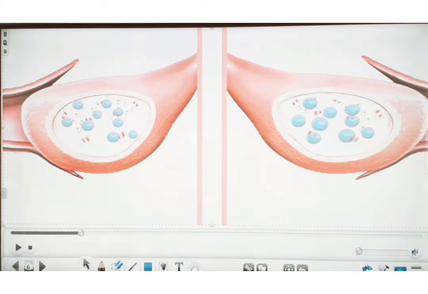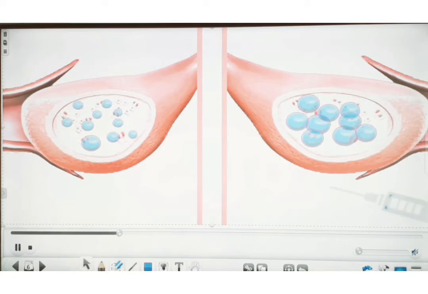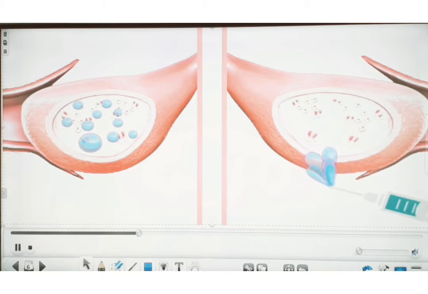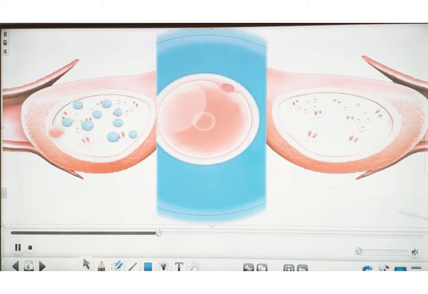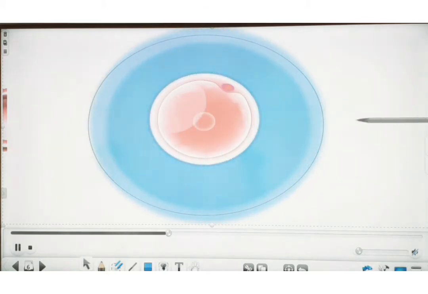So here you can see the ovaries consist of ova. The ova can be collected under sterilized condition or in vitro condition. And the sperm can also be collected from the male and injected into the ovum. So normal fertilization occurs in the laboratory under sterilized condition.